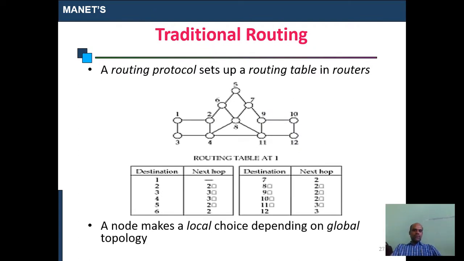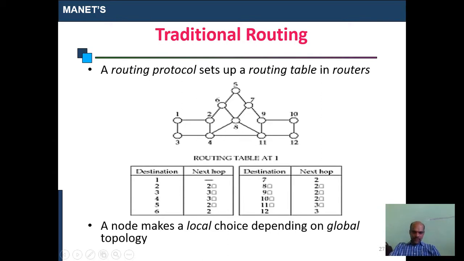So, traditional routing. These are the fundamentals we have. Traditionally, if you consider this particular graph, how was the routing table established? Suppose there are various nodes: 1, 2, 3, 4, 5, 6, 7, 8, 9, 10, 11, 12.